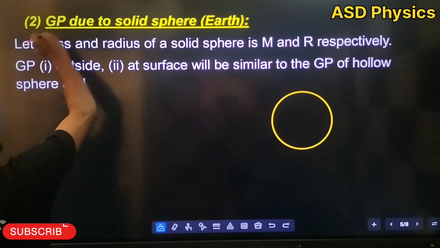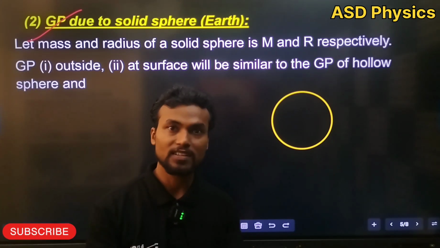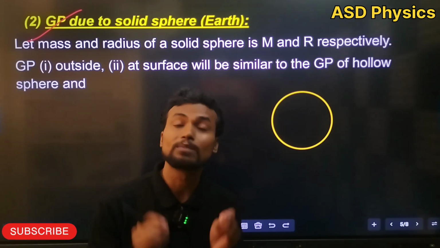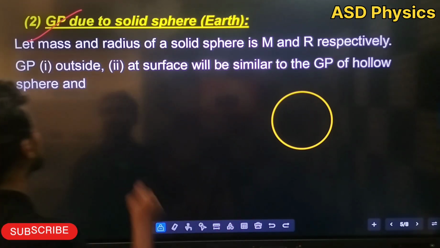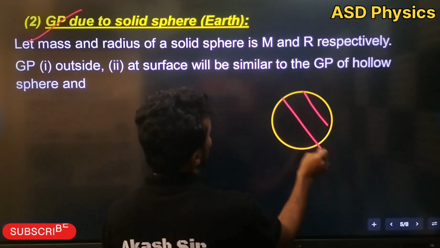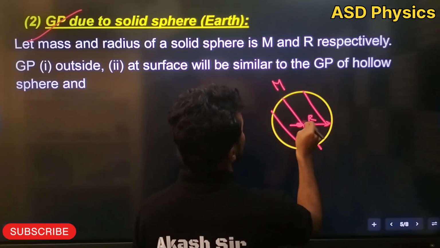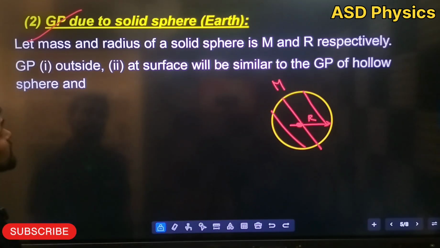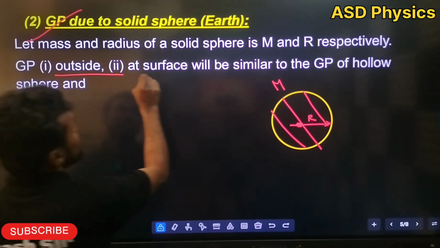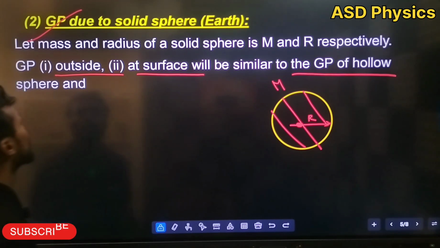Okay, students. Next one, we are going to see gravitational potential due to a solid sphere, and we know Earth is also a solid sphere. That means this concept will be applicable for the Earth also. Okay, so let's see one by one. Let mass and radius of the solid sphere be M and R respectively. Gravitational potential outside and at the surface will be similar to the gravitational potential of the hollow sphere.